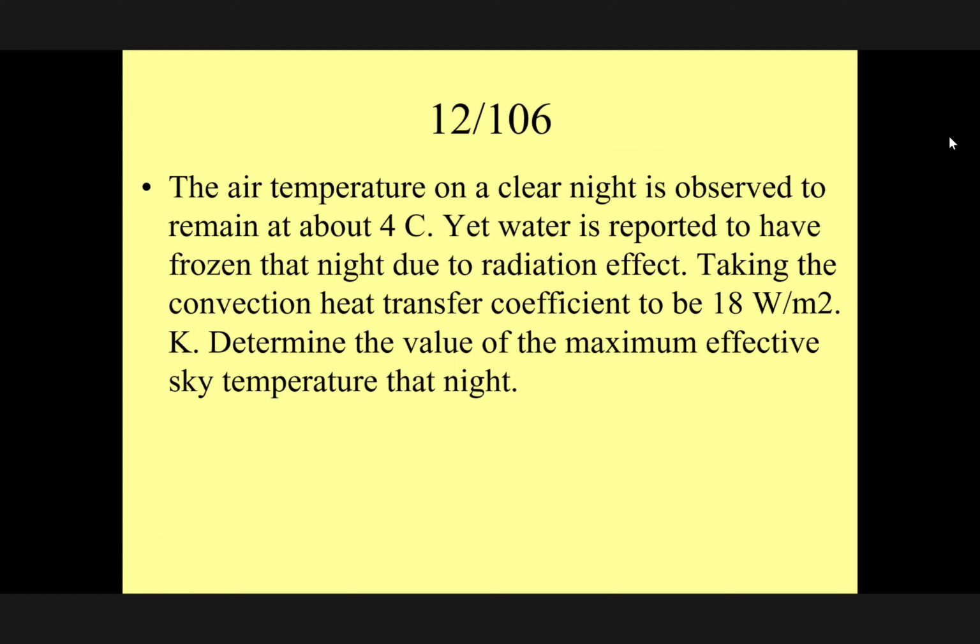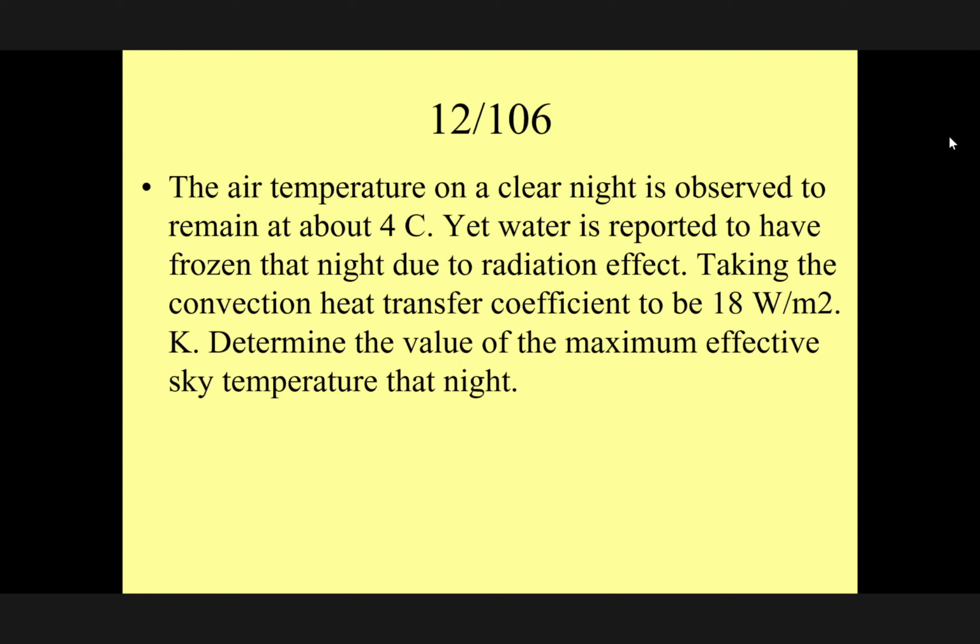The air temperature is 4 degrees, but the water has been frozen. Take the convective heat transfer coefficient to be 18 watt per square meter. Determine the value of the maximum effective sky temperature. This actually happens. Sometime during the night, the water can be frozen, even when the temperature is above 0 degrees.